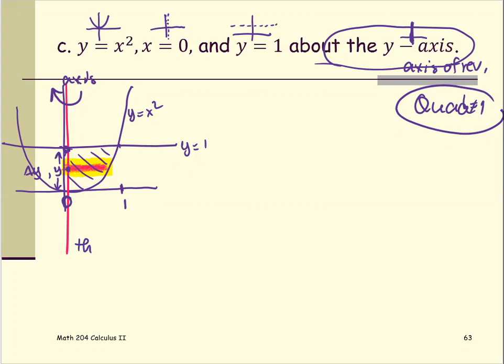The position y goes from the lowest y, which is 0, to the maximum y, which is 1. So this is the interval of integration.